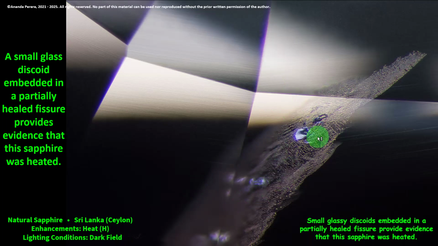See the fingerprint and the other things, a little bit heated, partially healed. So these glassy discoids and partially healed fissures provide evidence that this sapphire was heat treated.